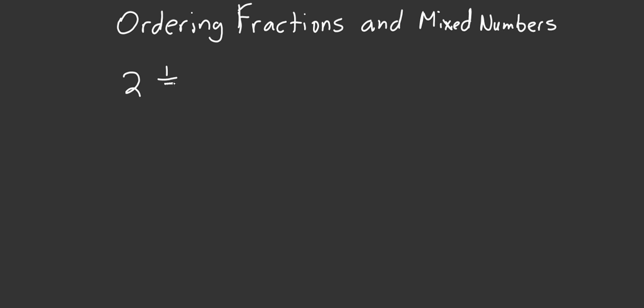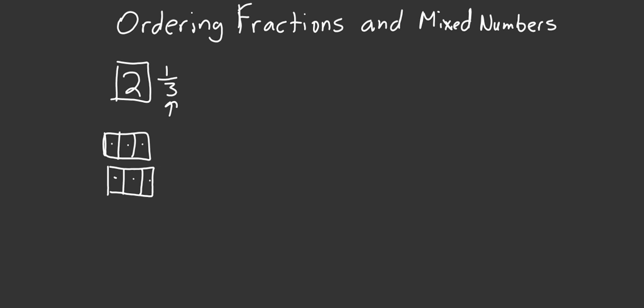So if we get 2 and 1/3, essentially what that means is I have 2 full boxes, and there are 3 in each box. So I would have 2 full with 3 in each. And I would have 1 box left over that would have 1. So I would have counted all my pieces. I would have a total of 7.